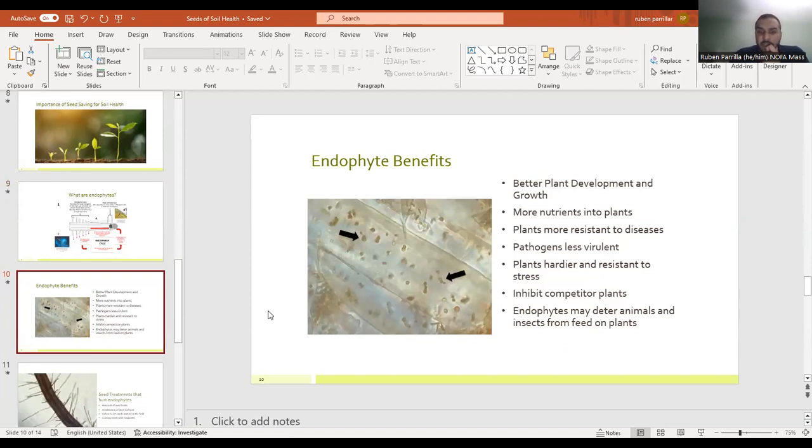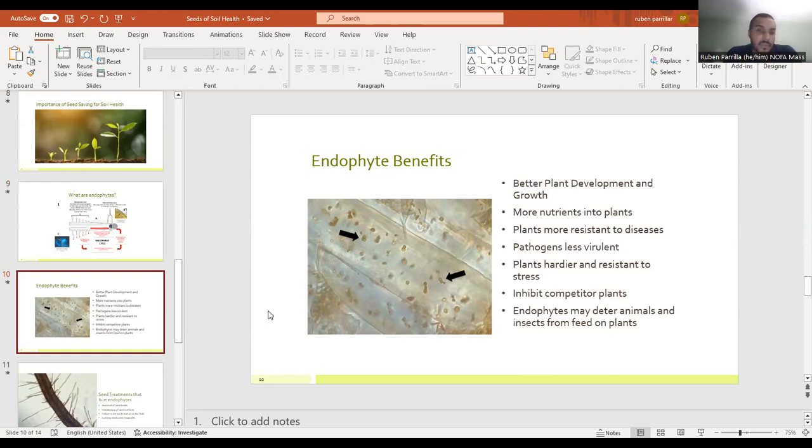Again, some of these benefits are listed here. There are many, and this is a fairly new discovery. In 2010 it was discovered that the plants are actually taking these microbes up, but in 2019 it was discovered that it was a cycle, and so there's still a lot of research going on in the area of endophytes.